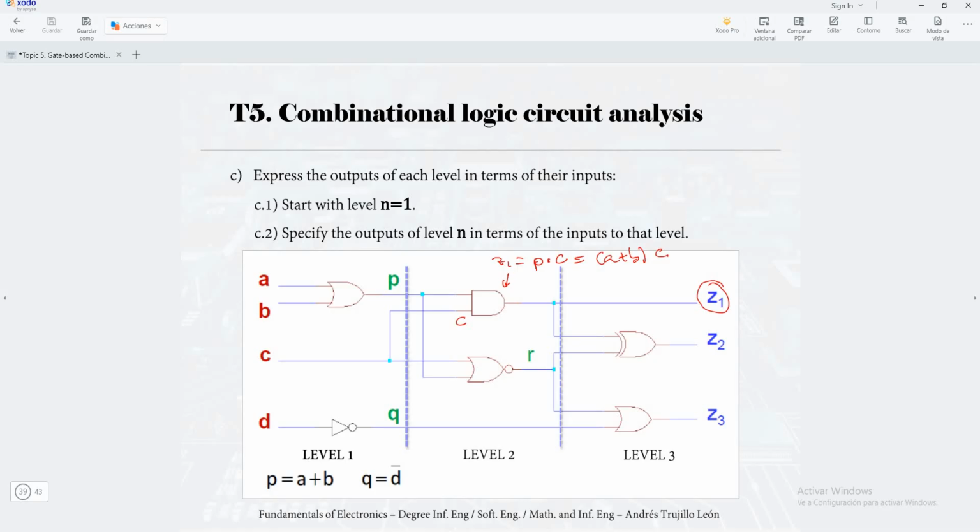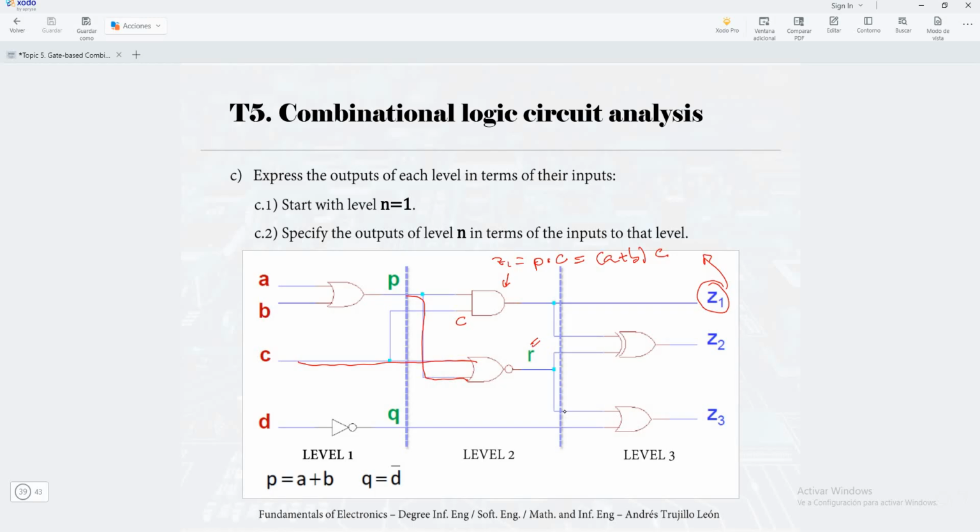R is going to be the XOR of P and C, because here we have P and here we have C. So we have the value of Z1, the value of, sorry, this is not an XOR but an OR gate.